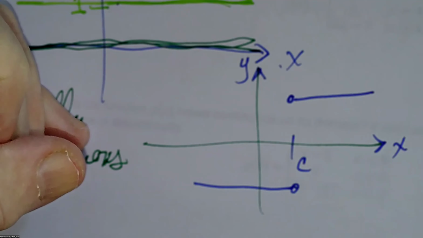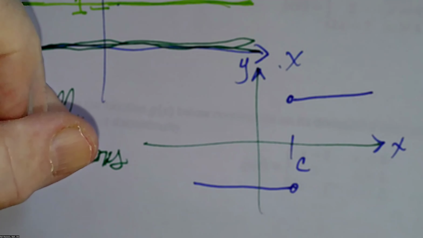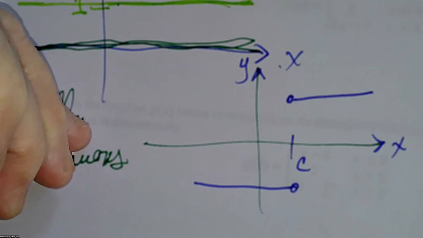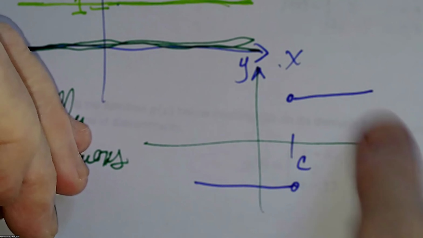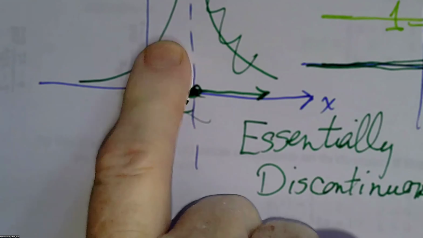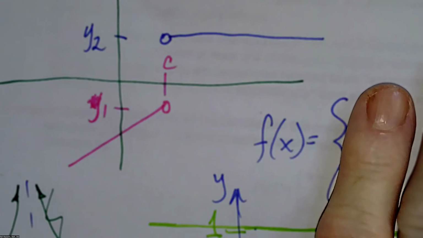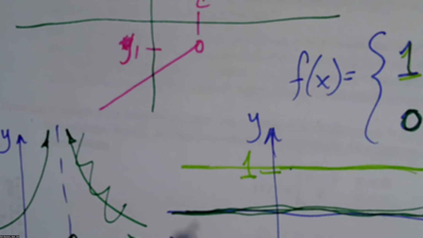So even though algebraically that makes no sense, physically sometimes that does make sense. So this is bad, but not as bad as the asymptotic discontinuity, and the least bad of all is the hole or removable discontinuity.